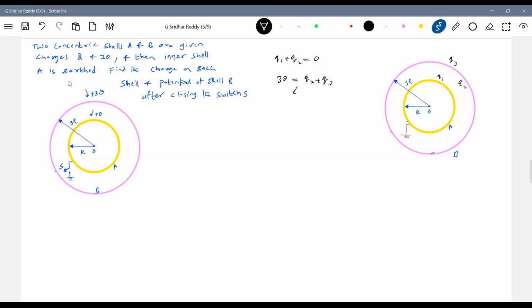The charge of shell B is conserved as it is not earthed. That is equation 1, and this is equation 2. The shell which is earthed, its potential should be 0, as shell A is earthed.